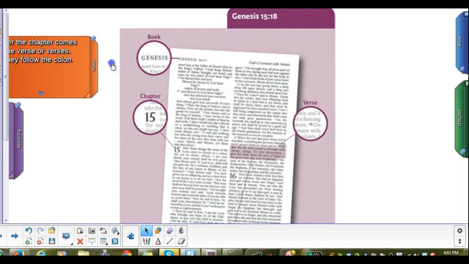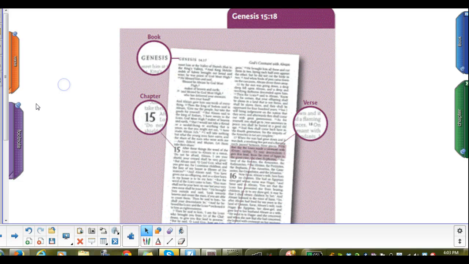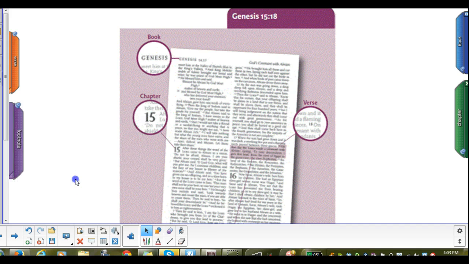Then we're going to look for the verse. After the chapter comes a verse or verses, and they follow the colon. And finally, the footnotes, which are always at the bottom of the page, and it is very important to check your footnotes because they help understanding.